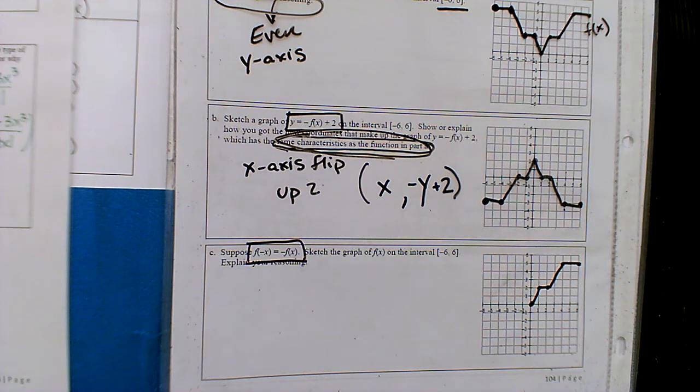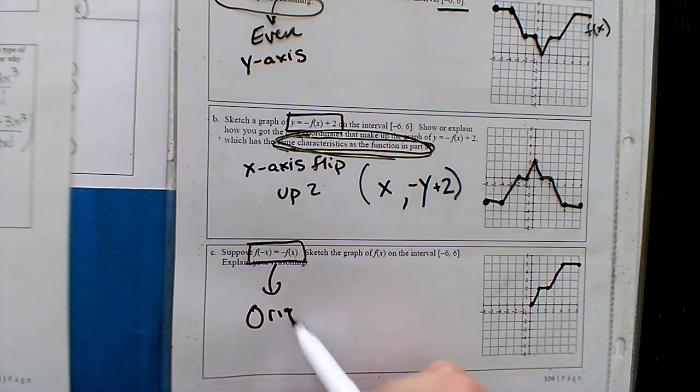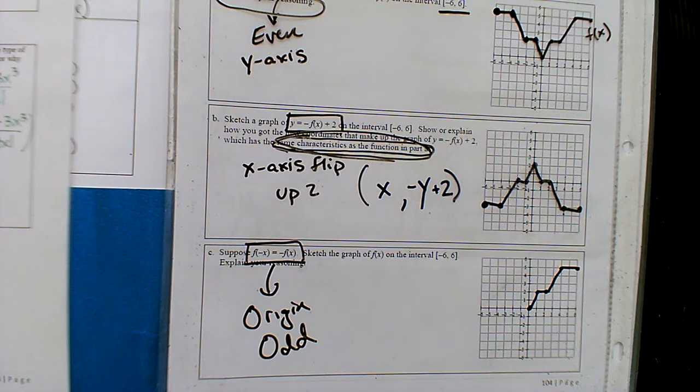How do you think we could do that? Go ahead, Hadley. It's got to be origin symmetry. Origin symmetry. Okay, so odd function, those classifications, perfect.